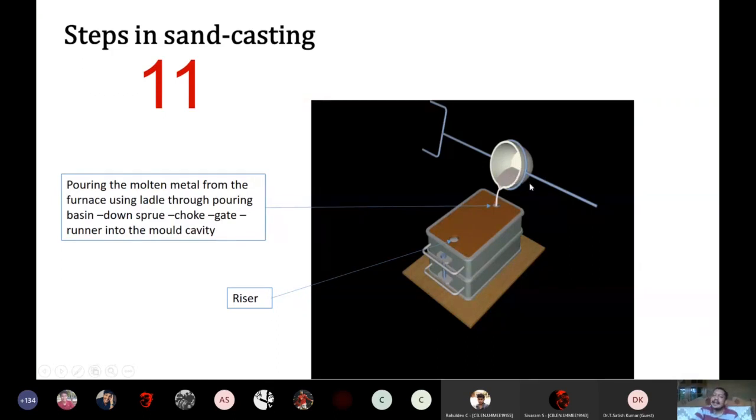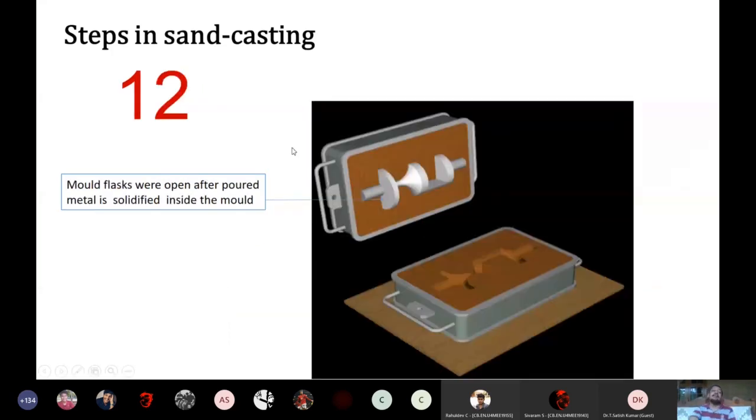Using a hand ladle or mechanized ladle, you will pour the molten metal through the pour-in basin. It will fill the mold cavity, and in the riser you will be able to know whether it is filled or not. After some time the solidification will begin, and then the solidification will end.